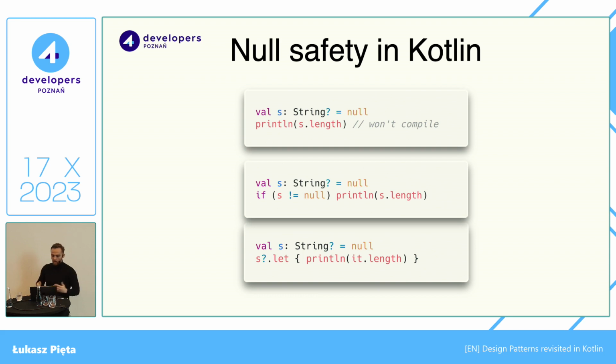Kotlin says, hey, you cannot just get access to the length member of some nullable type because it's a nullable type, right? You need to do it safely. So you can do it with an if statement, or you can do it using scope functions in Kotlin. These two code snippets are just examples of how to avoid null, how to handle it properly.